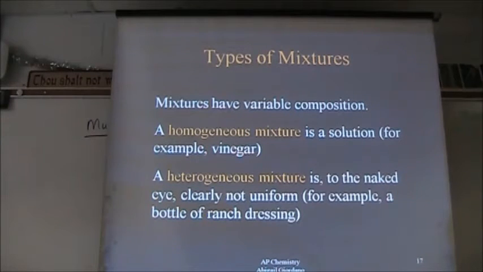So let's think about if I took a sample of air from this room and then we went out on 66 and took an air sample on the side of the road, do you think the samples of gas would have the same composition? No, they wouldn't. And that's how you can answer the question, is it homogeneous or heterogeneous?